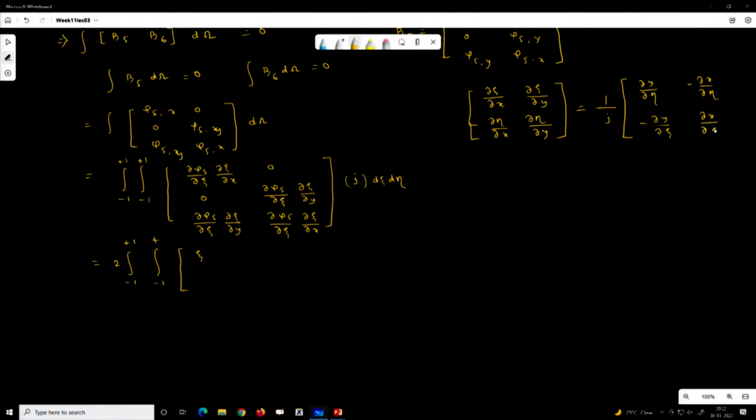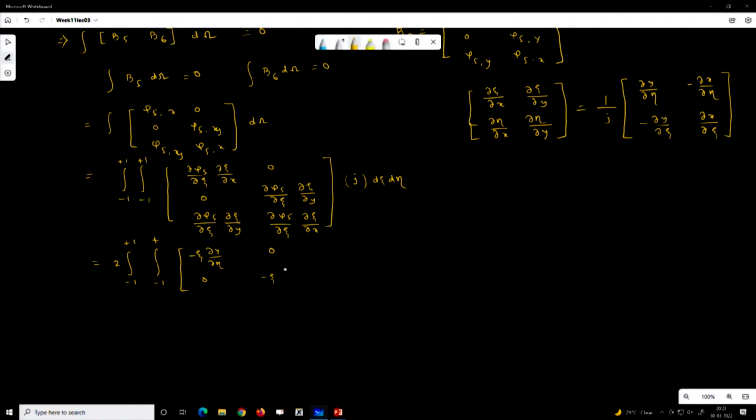So if I substitute with the help of this, then d xi by dx I can compute, which is dy by d eta. So now I can write this as, so there will be minus dy by d eta, so 0 and then 0, then d phi by d xi is minus xi.